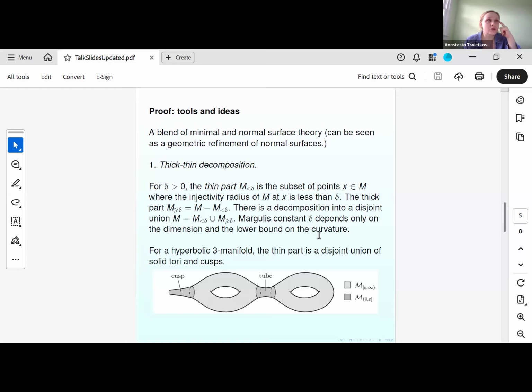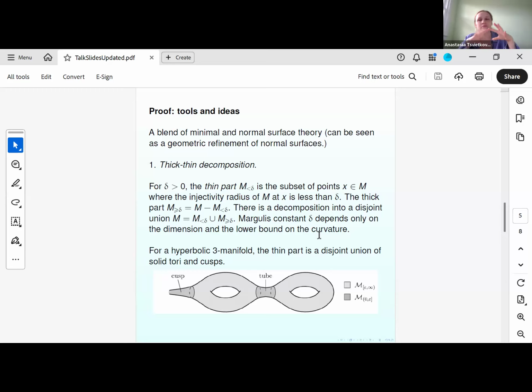And what you're trying to do, you're trying to make your surface, on one hand, normal, so transversal to the triangulation, and on the other hand, you also try to keep it stable minimal so that it has this very nice geometry. And it's almost like a geometric refinement of normal surface theory that allows you a much closer control of what's going on with those surfaces.